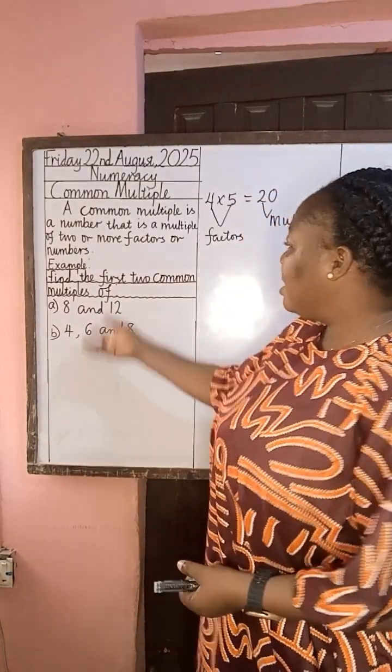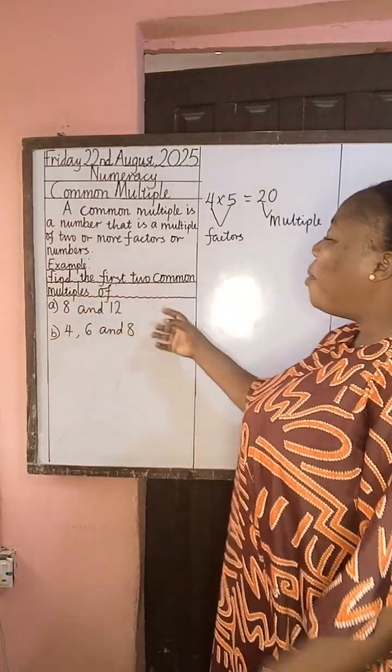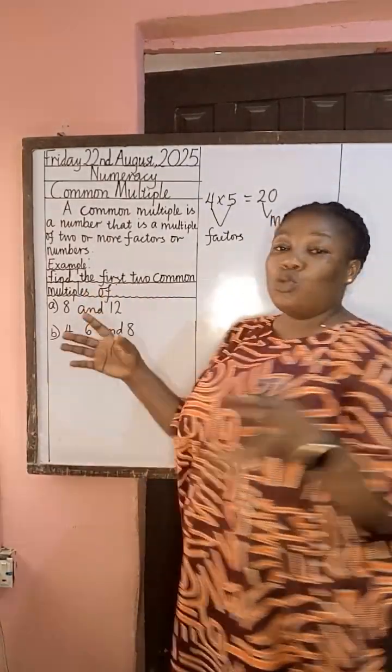Now, let's consider the following example. We are to find the first 2 common multiples of 8 and 12.